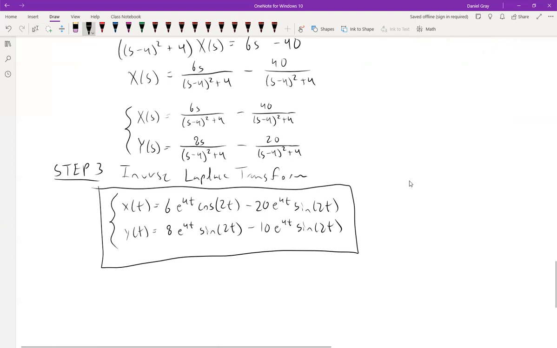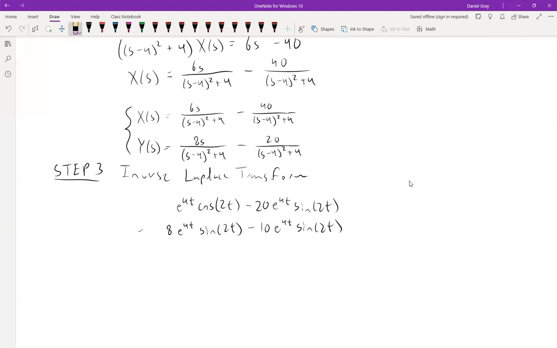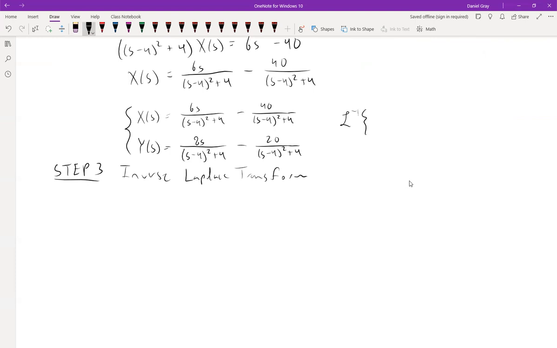So how to take the inverse Laplace transform of something like this? Oh, I made a slight mistake here, actually. So I need to go ahead and fix that. So maybe you'll see it in action right here. Get rid of this. So the mistake I made here is that we know what the Laplace inverse of something like this looks like.